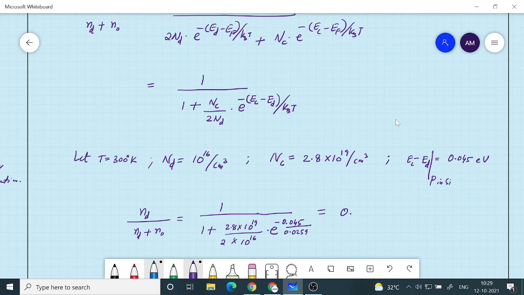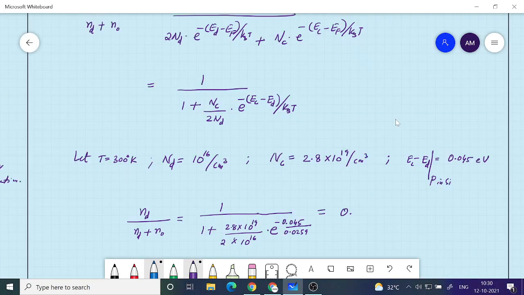So as you can see, it is e raised to minus 2, around e raised to minus 2. So e square will be something like 6 or 7, but it is e raised to minus, so it is going to be a quantity smaller than 1.